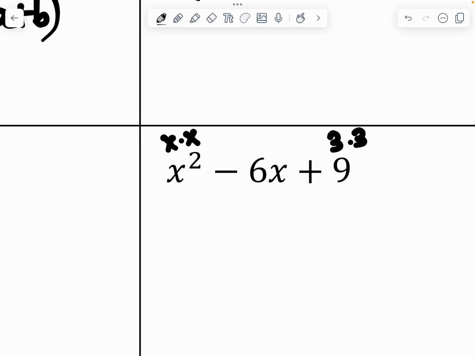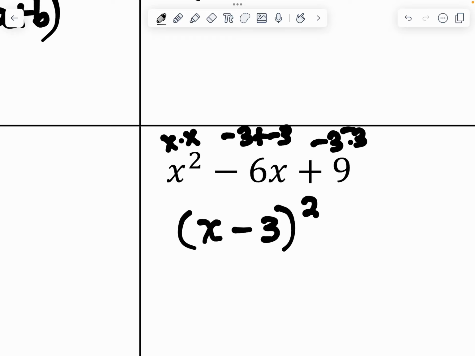We know 3 times 3 is 9, or negative 3 times negative 3 is positive 9, but negative 3 plus negative 3 is negative 6. So it's a perfect square trinomial when the middle and last terms use the same factor, which when multiplied gives you 9, but added gives you negative 6. So this is going to factor into x minus 3 quantity squared.